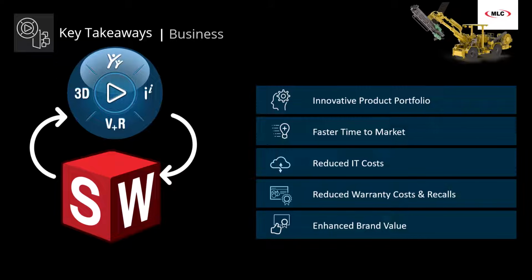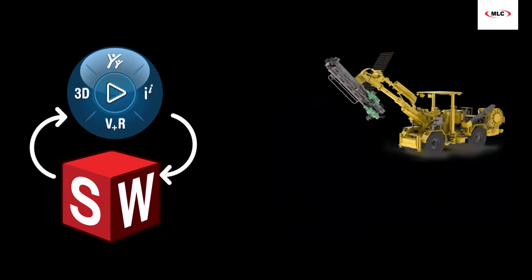Not only is the overall engineering cycle time reduced, but IT overhead and infrastructure costs are effectively eliminated. For Resoman, these advanced sim capabilities led to reduced warranty costs, reduced recalls, better fatigue performance, and ultimately enhanced brand recognition and value overall.